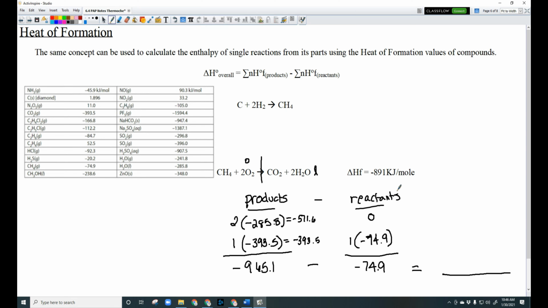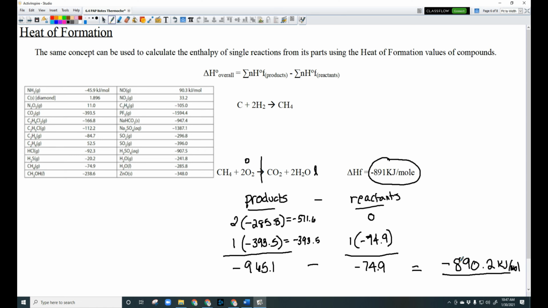Okay, now this is the number I'm expecting to get. Remember, because we already know this. So this is the number that I'm expecting to get. Okay, so negative 965.1 minus negative 74.9 is equal to negative 890.2 kilojoules per mole.